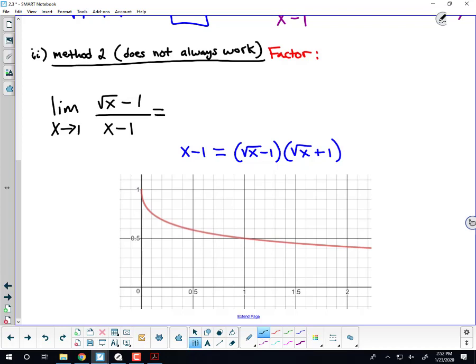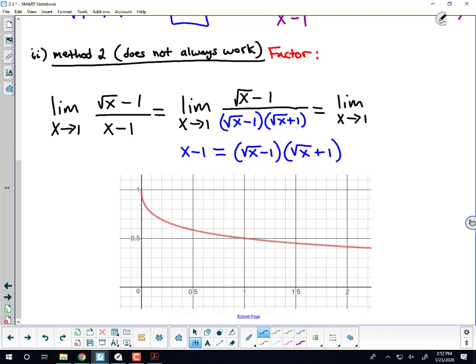So that's all I'm going to do. I'm going to just rewrite the limit with the denominator factored as such. And we see once we do that, we're exactly where we ended up with as the limit as x approaches 1 of 1 over square root of x plus 1, which was what we just computed.